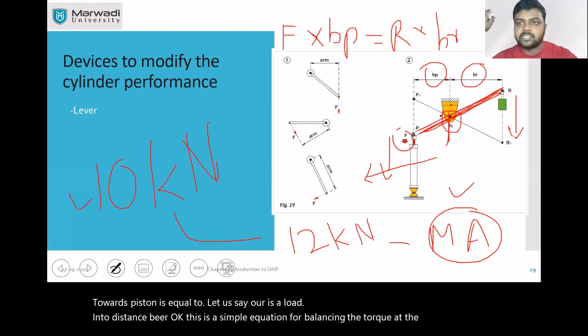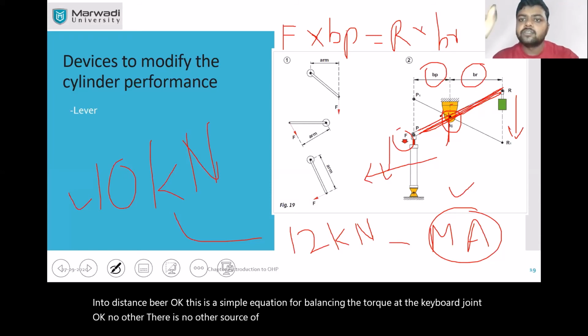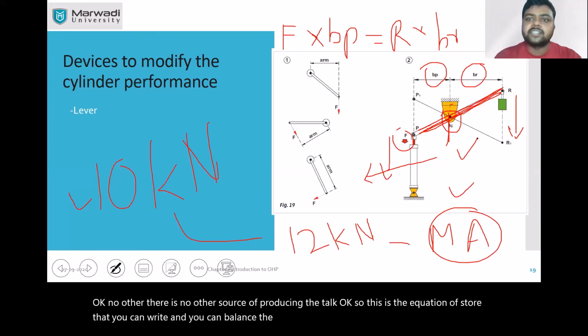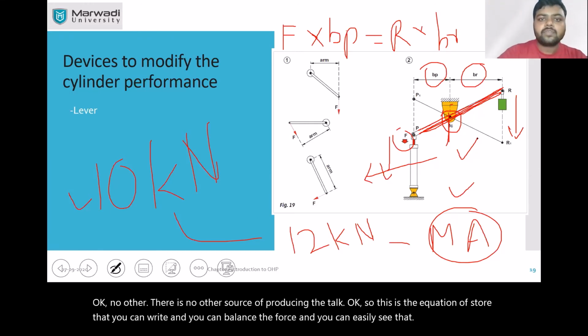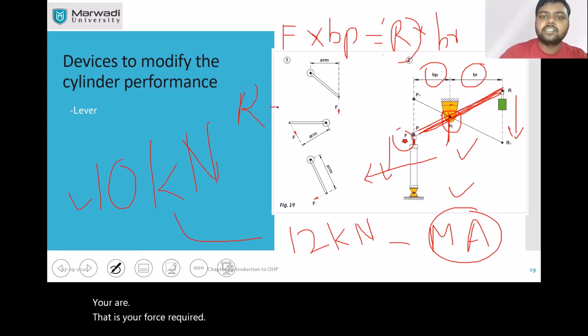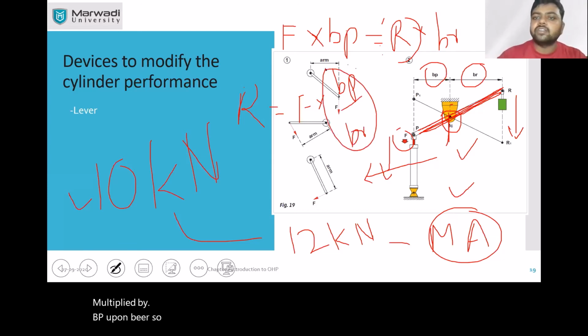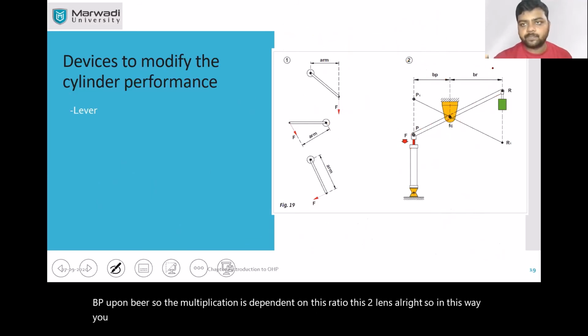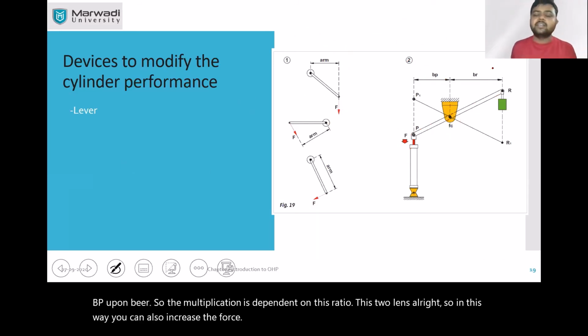There is no other source of producing torque. So you can balance the torque, and you can easily see that R, the force required, is equal to F multiplied by BP upon BR. So the multiplication is dependent on the ratio of these two lengths. In this way you can also increase the force being produced by the cylinder.